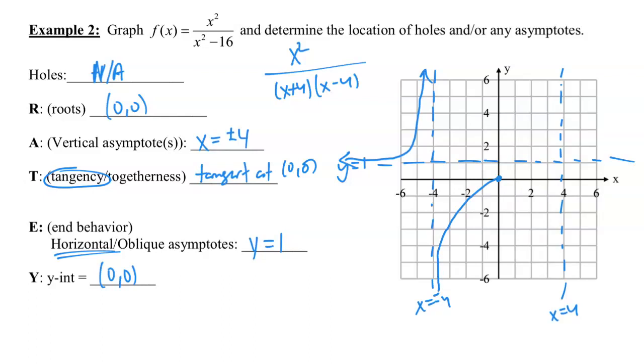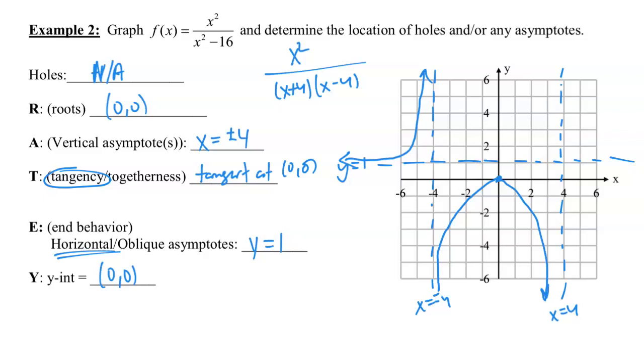And the next question we need to answer is, am I supposed to cross the x-axis there, or am I supposed to bounce off of the x-axis and go back down? Well, we have tangency at that particular root. And so that means we're going to go up and touch and then go back down to that next asymptote.